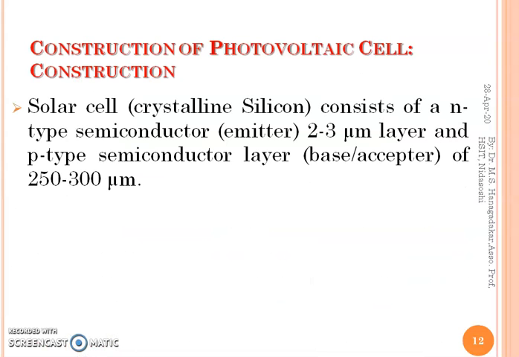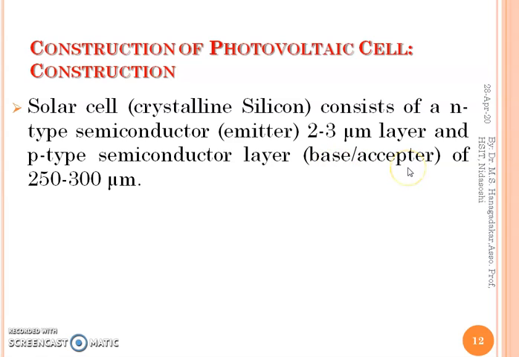Now let us discuss the construction in detail. The solar cell, as I told you, is made of monocrystalline silicon, consisting of an N type semiconductor, which is called the emitter, a very thin layer of 2 to 3 micrometers, placed over the base material of P type semiconductor silicon.